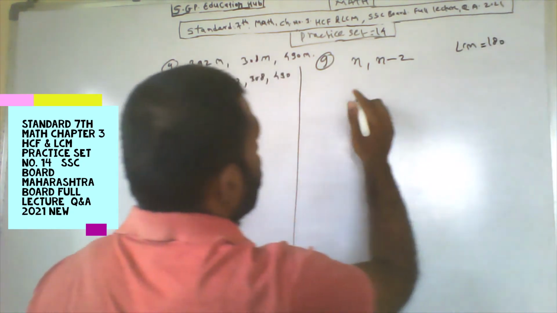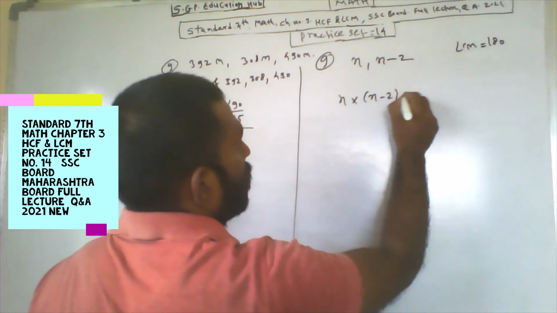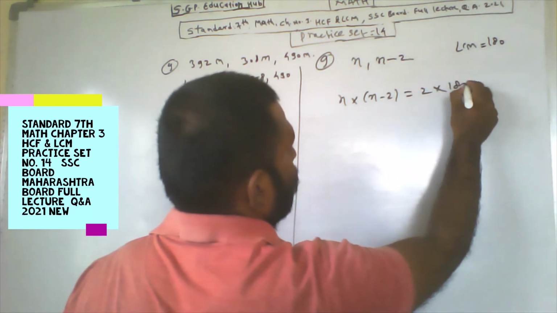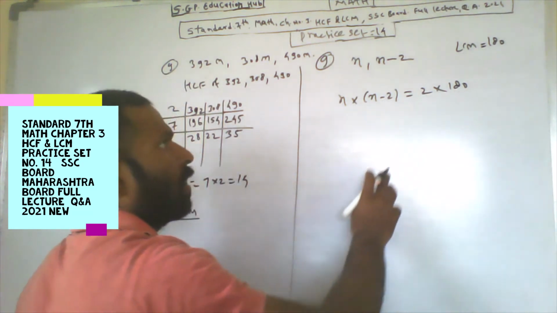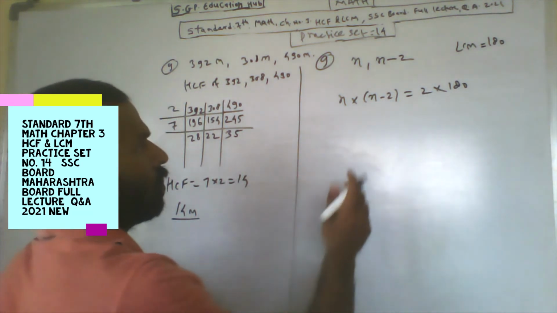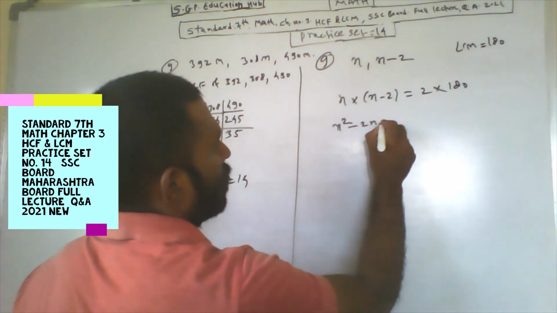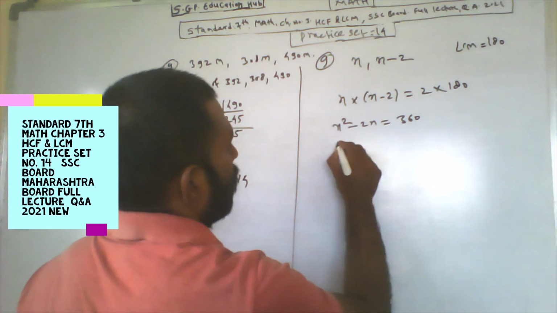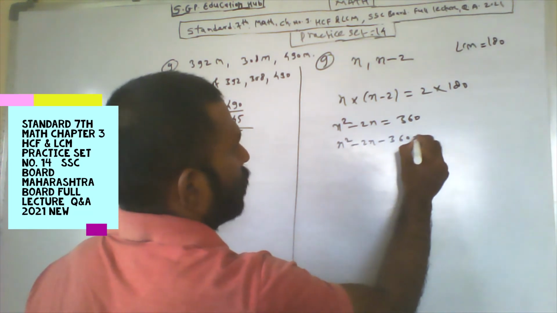So x into x minus 2 is equal to 2 into 180. Why 2? Because both numbers are even and LCM is 180. So x square minus 2x equals 360, x square minus 2x minus 360 is equal to 0.